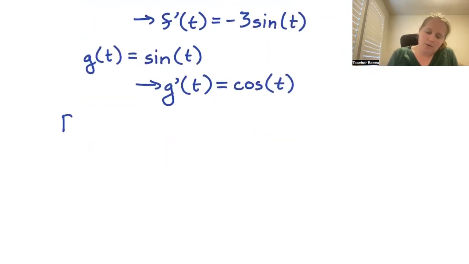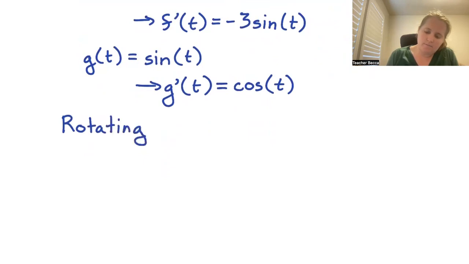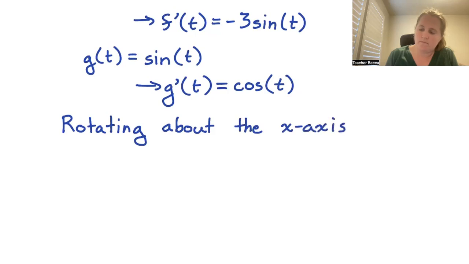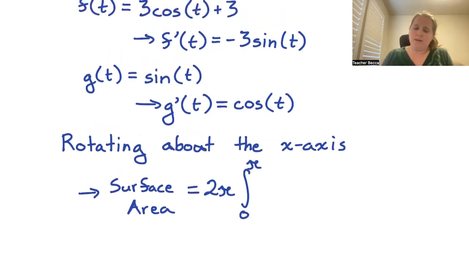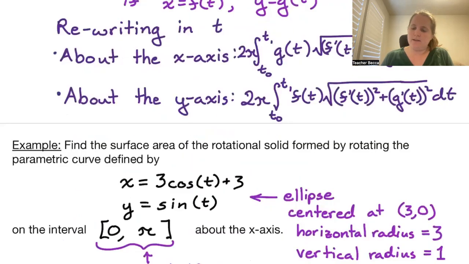We're rotating about the x-axis. So we have that our surface area is equal to 2 pi times the definite integral from 0 to pi of, if we rotate about the x-axis, our formula said to do g of t times that square root.